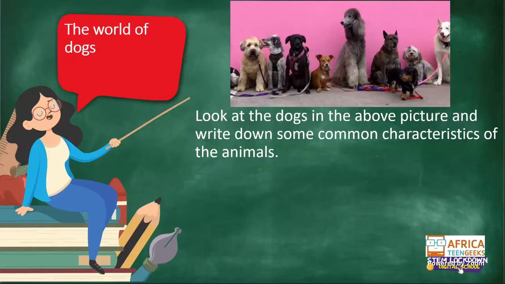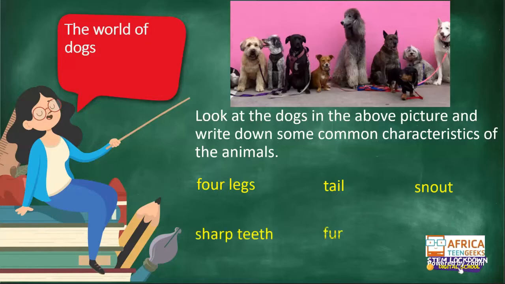They have fur. Okay, four legs, they have paws, great. So let's do this: four legs, a tail, a snout, sharp teeth or the fangs, fur, and paws.